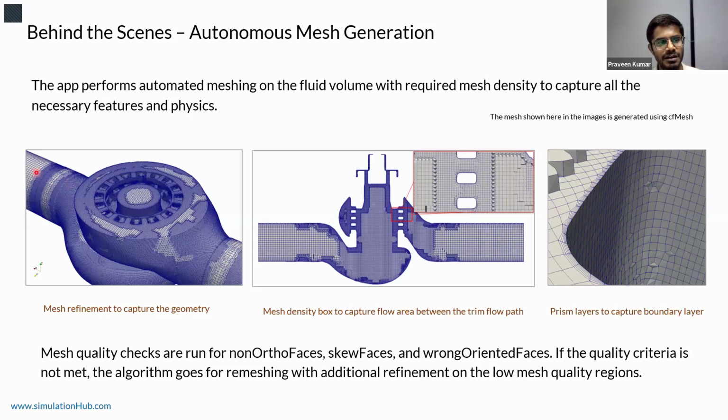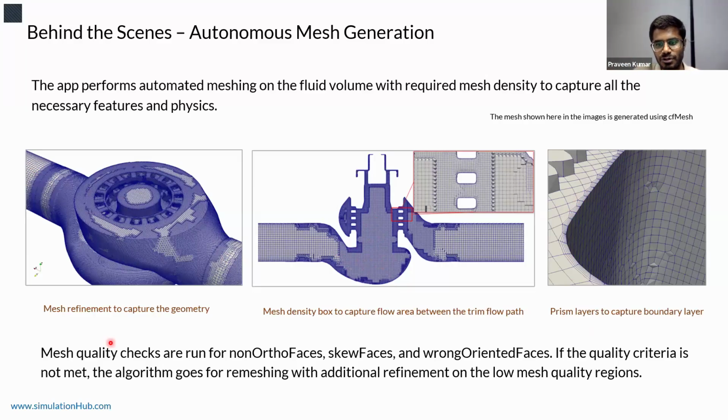You can see there is a coarse mesh in the pipe, and then toward the trim or the main core area of the valve body there is one level of refinement, and near the moving surfaces another additional refinement, and near the surfaces there are prism layers to capture the boundary layer. Once the mesh is generated, it does a mesh check.